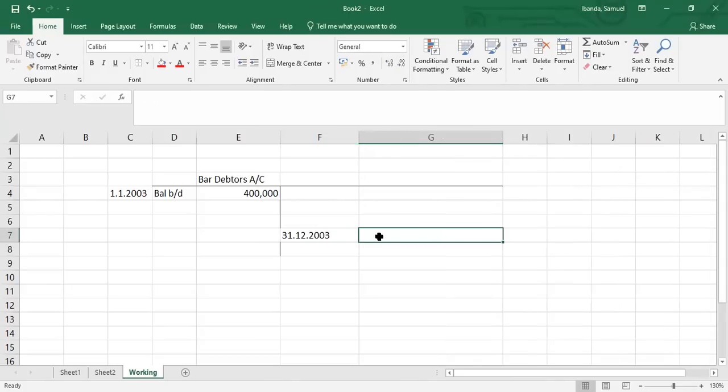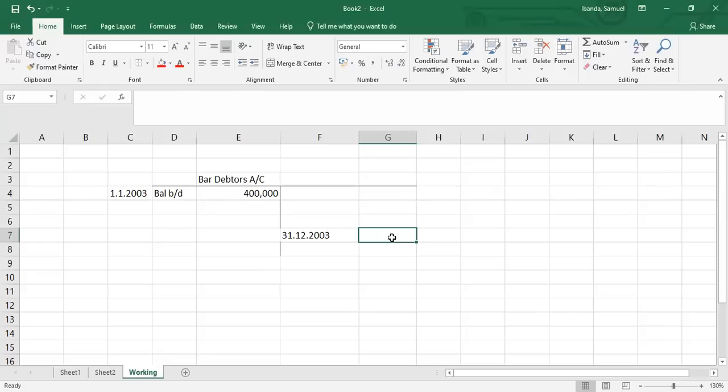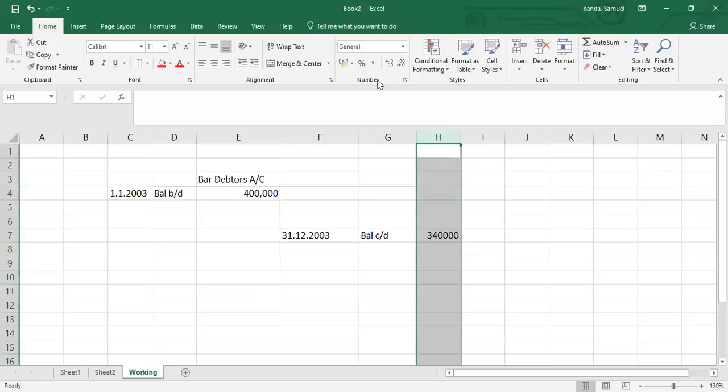So on this date, I have my balance, sorry. This is balance carried down of 400,000. No, it is 340. 340,000.